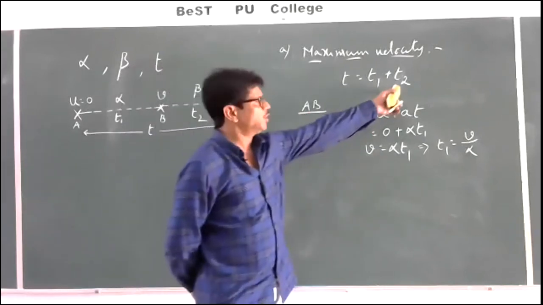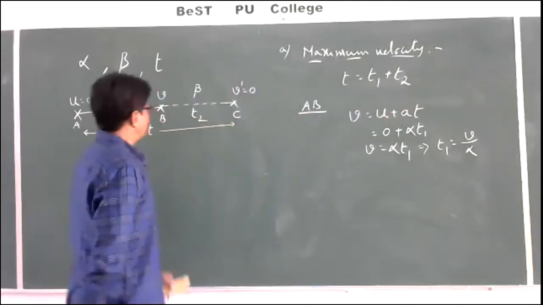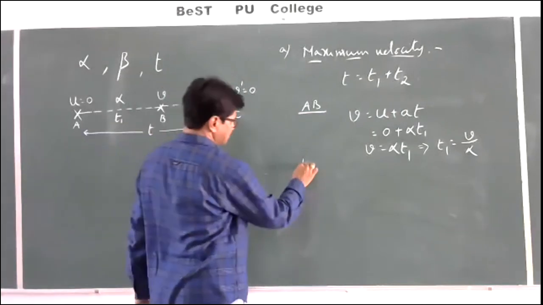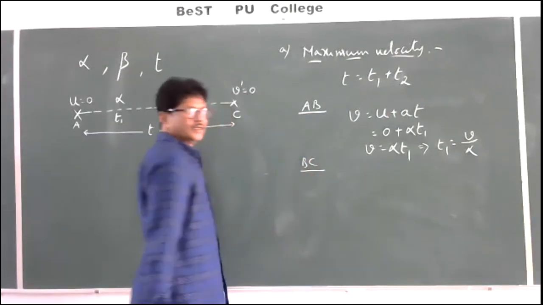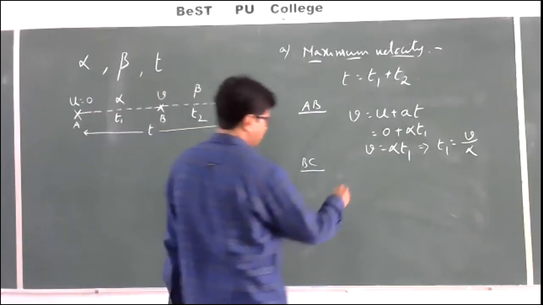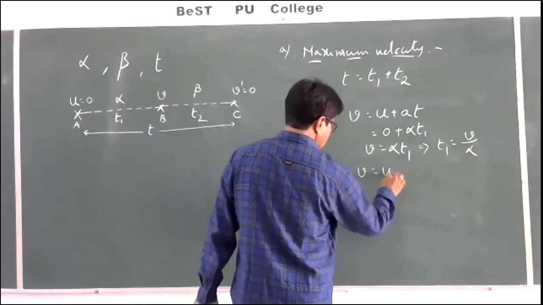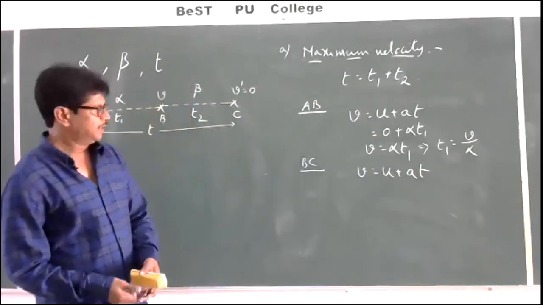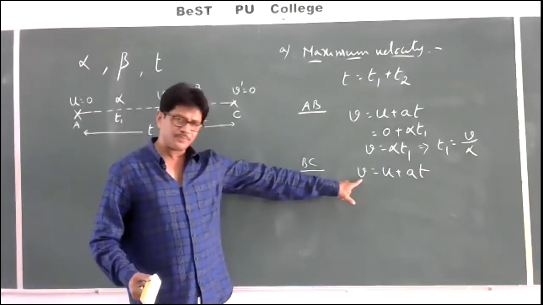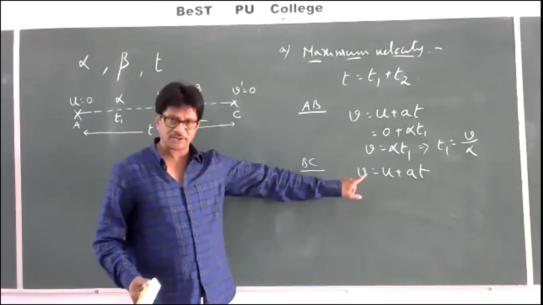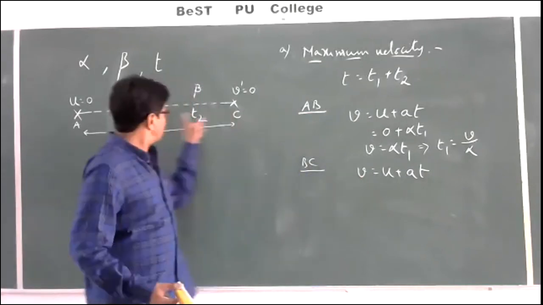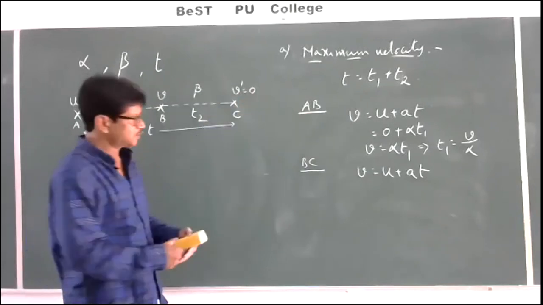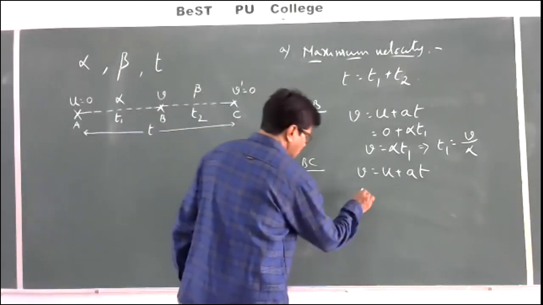Similarly, the T2 value also I should get. T2 belongs to BC, so now I am considering BC. Here also I am applying the same formula, V is equal to U plus AT. In this formula, what is V? The final velocity. Here in BC, the final velocity is 0, so instead of V, I will go with 0.